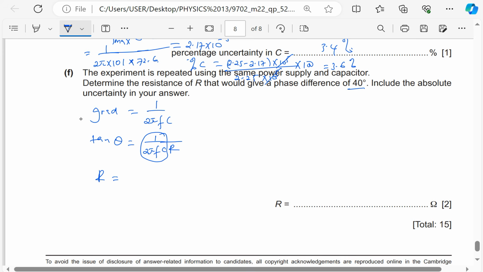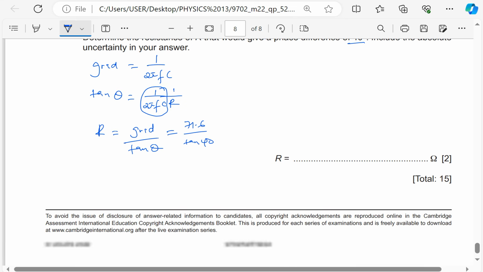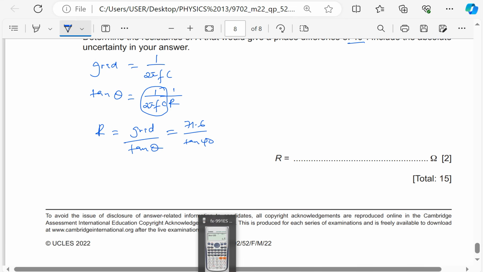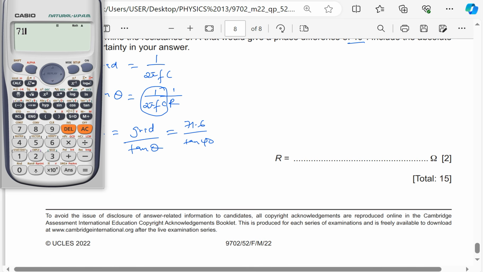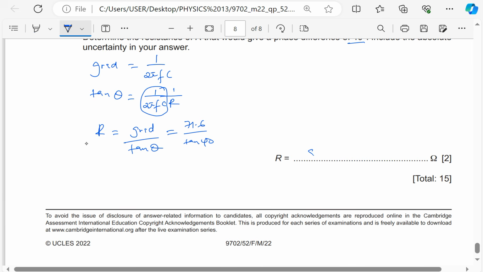This was in the denominator, so it means R is going to be equal to the gradient divided by tan theta. Our gradient was 71.6, so R is 71.6 divided by tan of 40. So R is going to be 85.3.